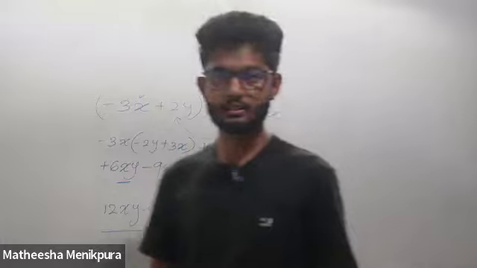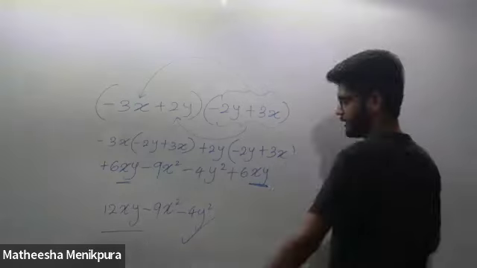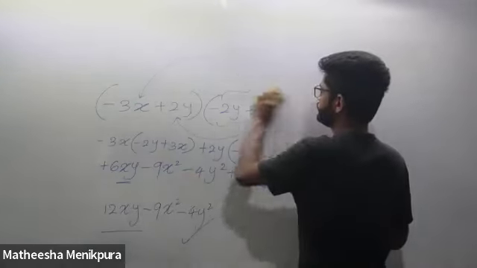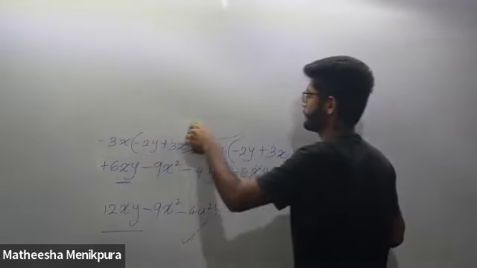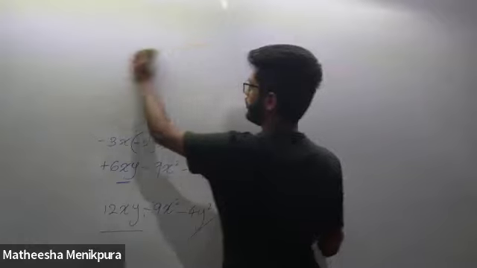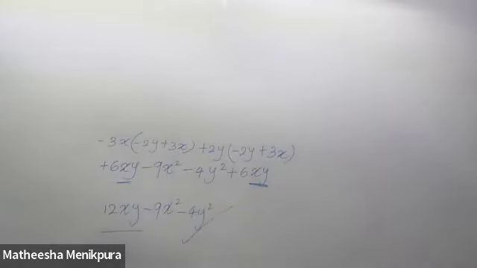So this is the answer. The answer is correct. I hope others are also okay with that one. Others, did you get the correct answer? Just unmute yourself and tell me whether you got the correct answer or not.